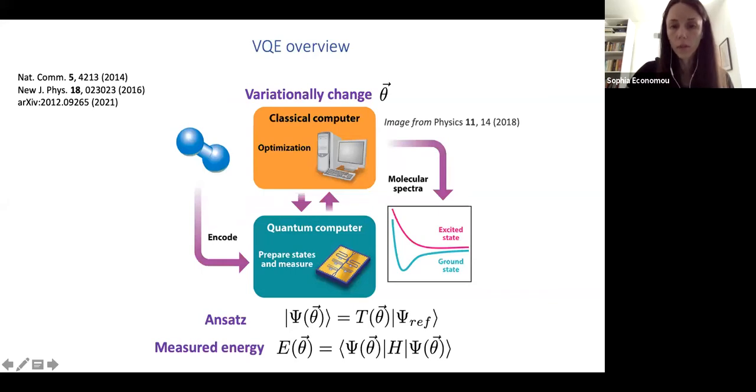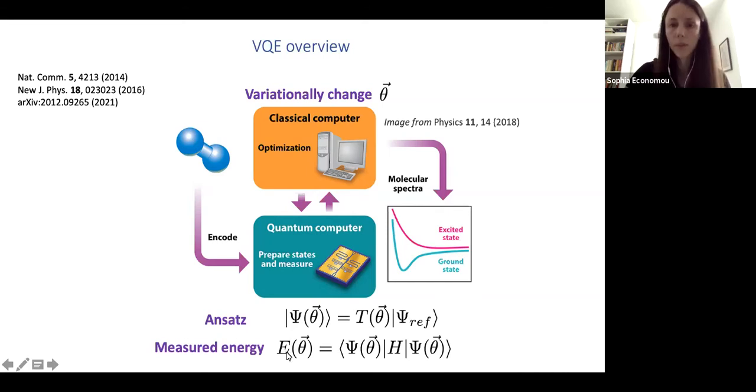So that's what that vector represents. And of course, you can view that psi of theta as having some unitary T of theta acting on a reference state. And how you choose these is kind of the focus of my talk later. And then you make the measurements also on your quantum processor. So here I measure the mean value of this Hamiltonian with respect to a state that's parameterized by theta.